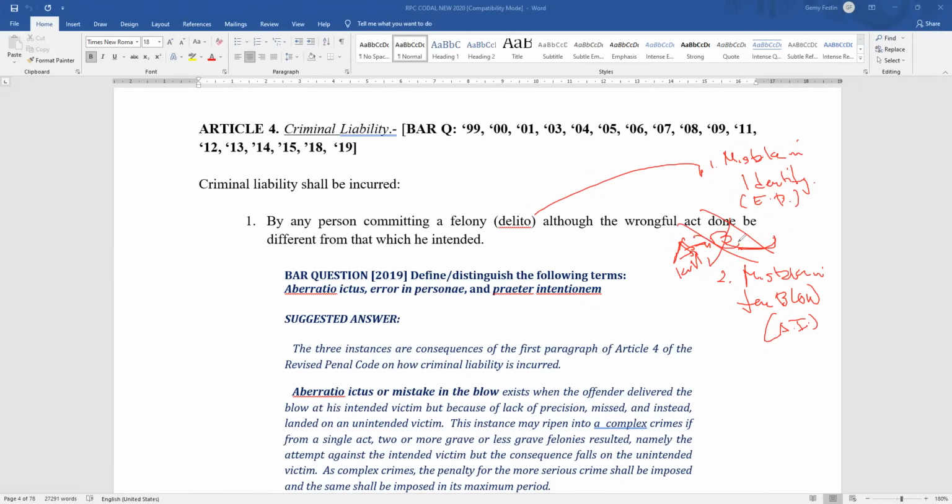Unfortunately, it was not B, but another person, si C. So there are two persons present, si A at si C. But A believed at the beginning that C was B. So there is mistake in identity and there is criminality.